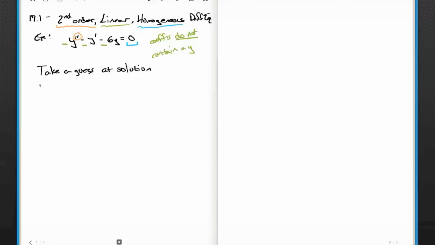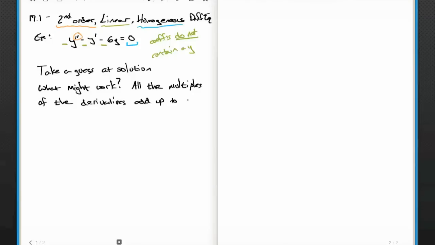So what might work? Well, we know that all the multiples of the derivatives add up to 0.